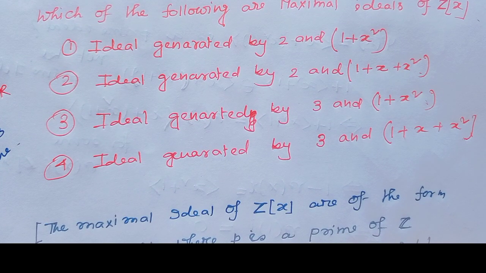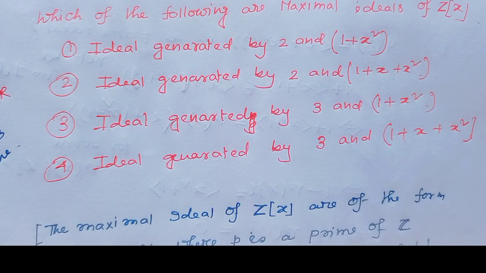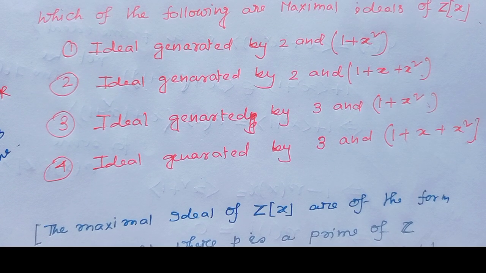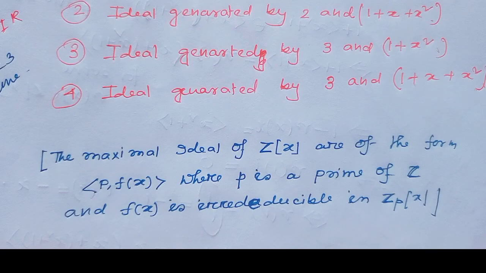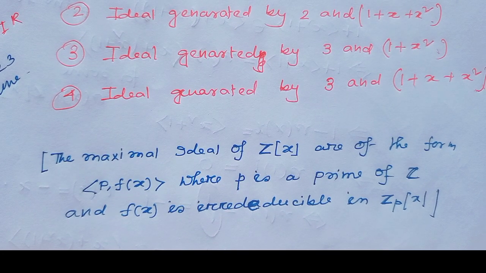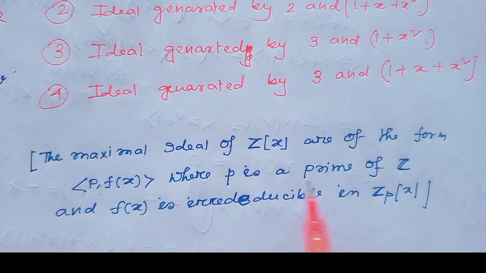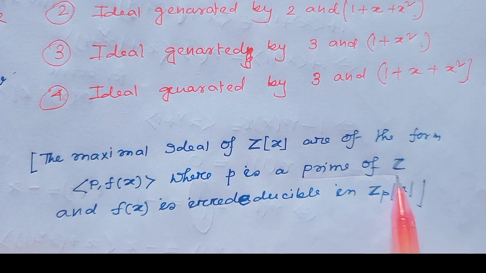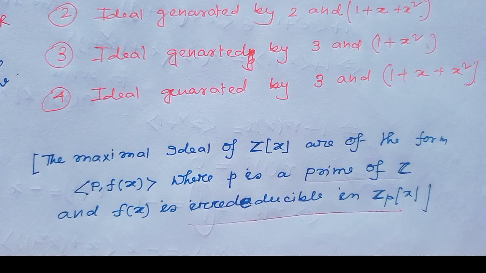Option 3, ideal generated by 3 and 1 plus x square. Option 4, ideal generated by 3 and 1 plus x plus x square. We all know the maximal ideals of Z[x] are of the form ideal generated by p, f(x), where p is a prime of Z and f(x) is an irreducible polynomial in Zp[x].